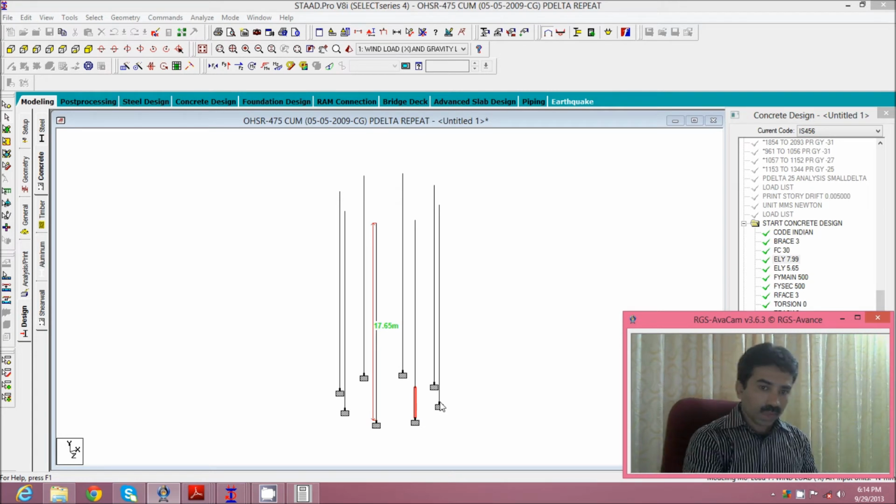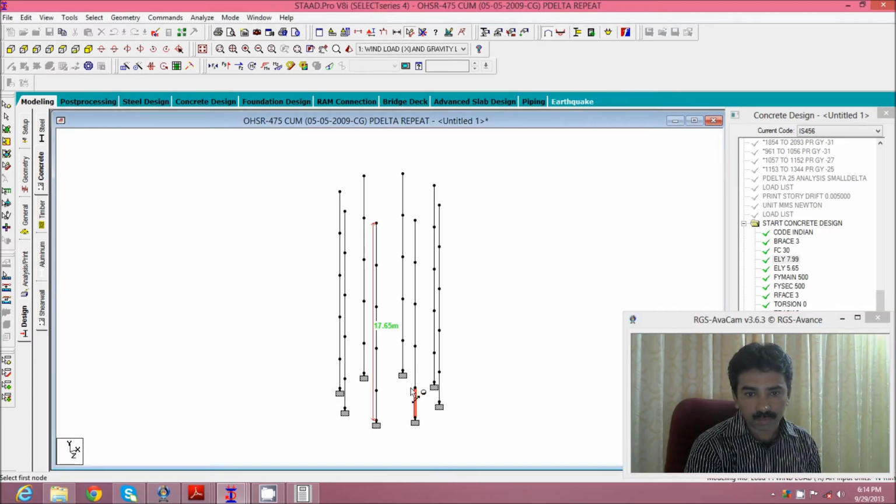So now the effective length, we know that this is 17.65. So effective length remains the same, 17.65 into 1.2 divided by the actual length. So from here to here, it's 2.65. So divided by 2.65.